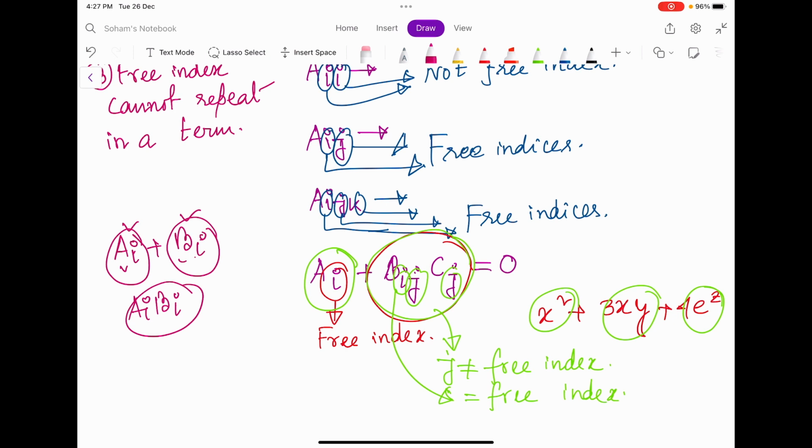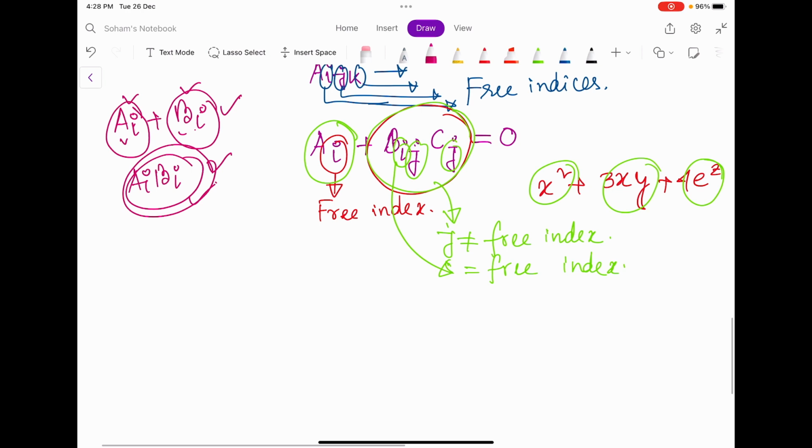In the expression ai plus bi, both are separate terms having the free index i. And in this expression, this is a single term having something that is not a free index, and what that is, I will tell.